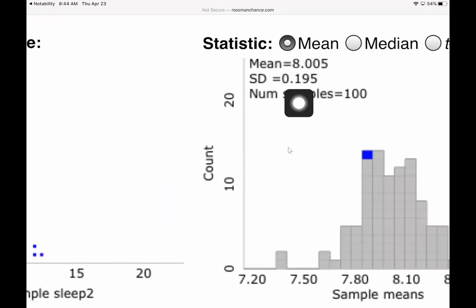So it got smaller, and the reason it got smaller is that you have a bigger sample size. The bigger the sample size we take from the population, the smaller our standard deviation should be, because based on that bigger sample size it should be more accurate. With a smaller sample size, the standard deviation should be bigger.